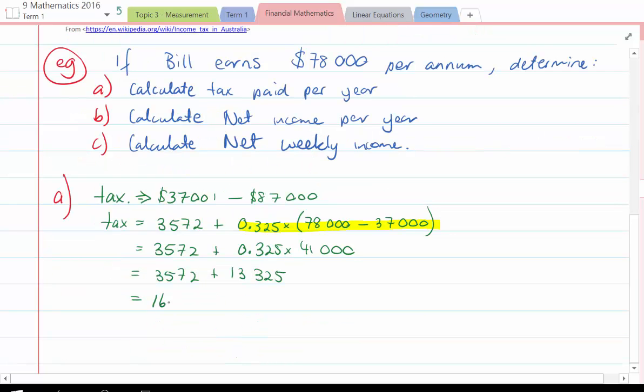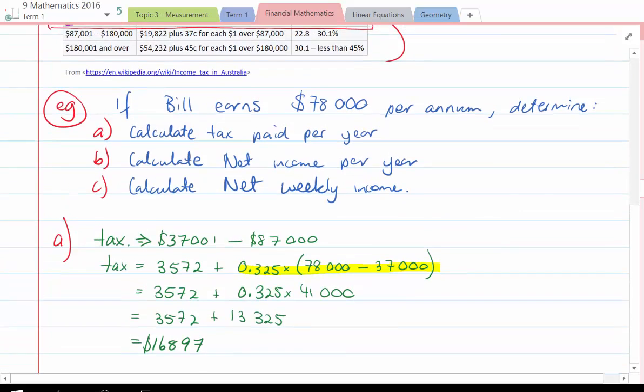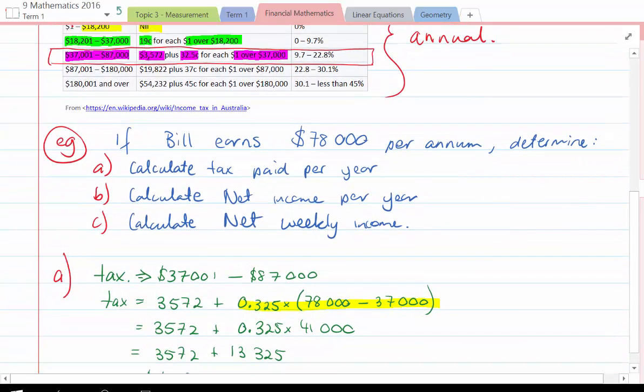That ends up being $16,897. Now, it's an easy way to check if you're in the right bracket. This value should fall between that 3,572 and the start of the next bracket. So you can see it's between 3,572 and 19,822. And because we're close to that 87,000, this value is pretty close to that 19,822.